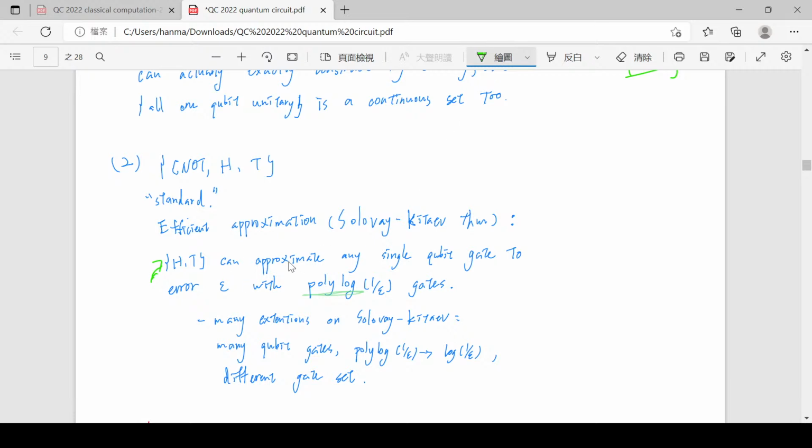That's going a little sideways, but you can think about your Bloch sphere.